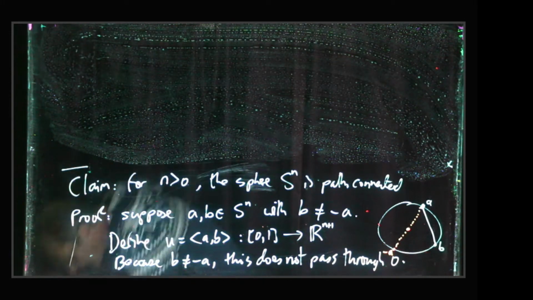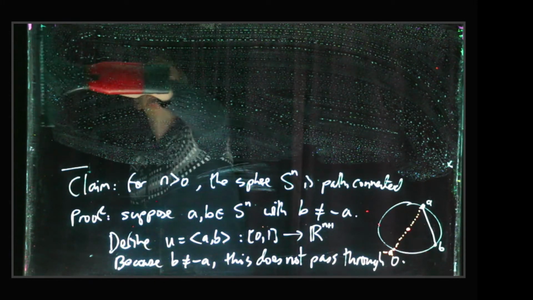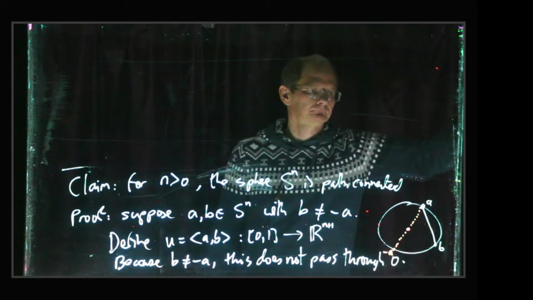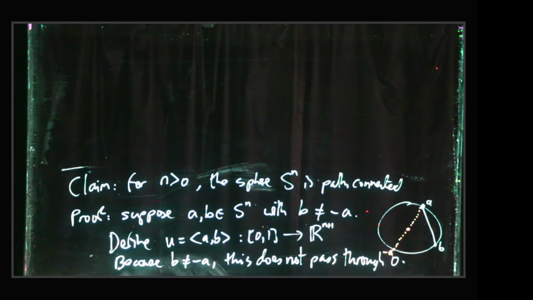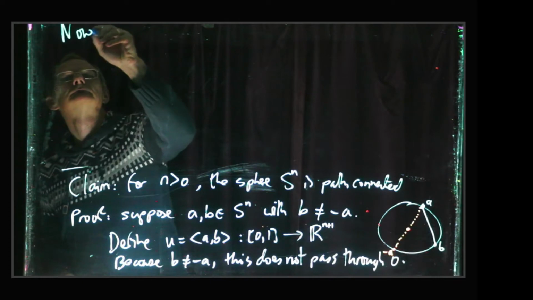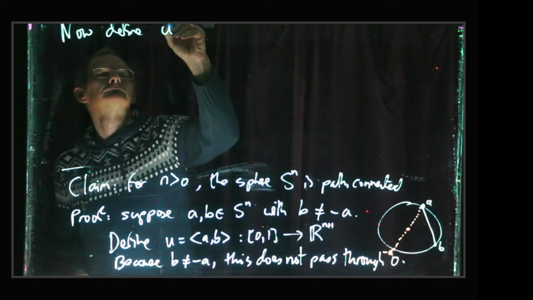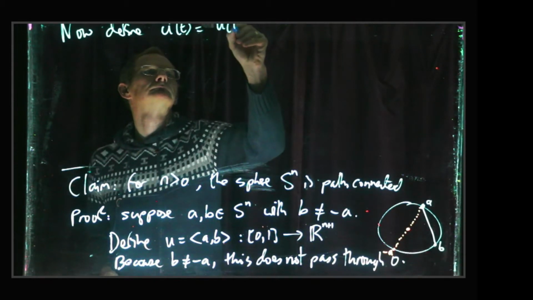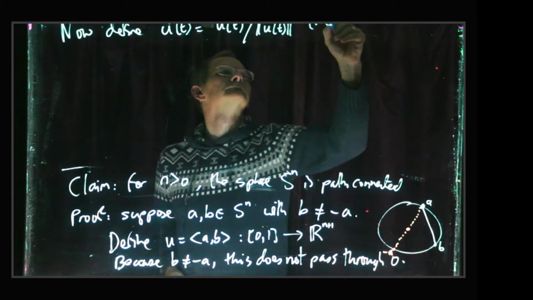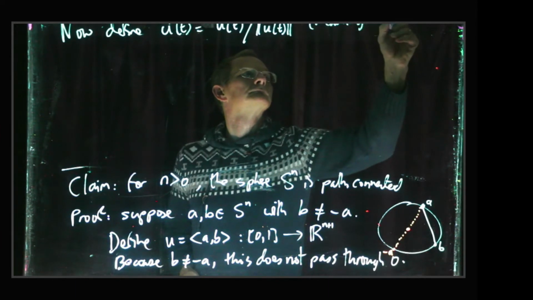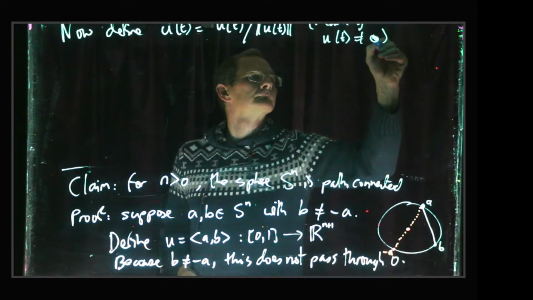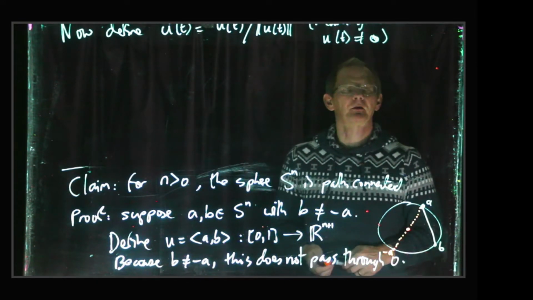So let's just write that in a second. Okay, so we can take u of t and we divide it by the norm of u of t.